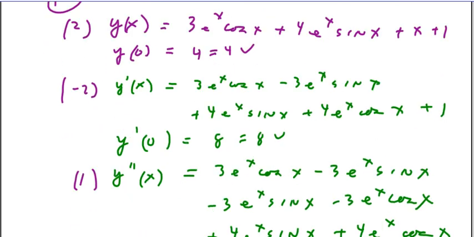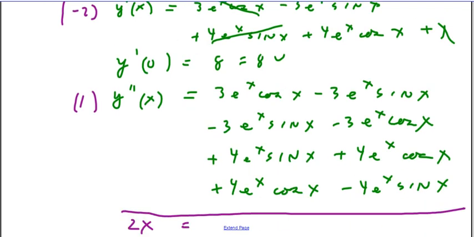I see 6 of those guys, minus 6. So these two guys go away. I see that guy and this guy going away. I see a 2x. I see the 1's going away. I see a 2x.